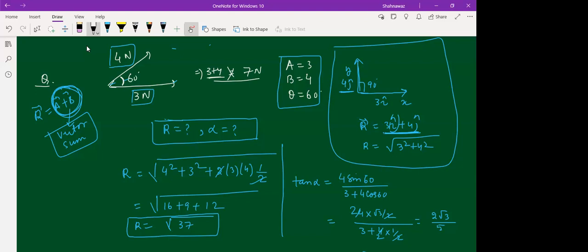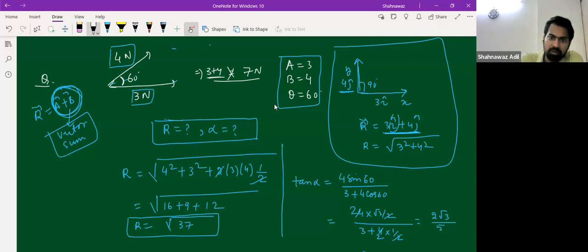Sir, can you say again what you said? Your voice was not audible to me. Oh, I was saying that whenever your vectors are given in the Cartesian form or the unit vector form, you apply the addition criteria of that form.